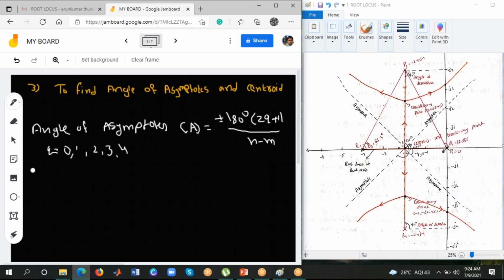First case, when q is equal to 0, what is the value of A? 45. So plus or minus 45 degrees.